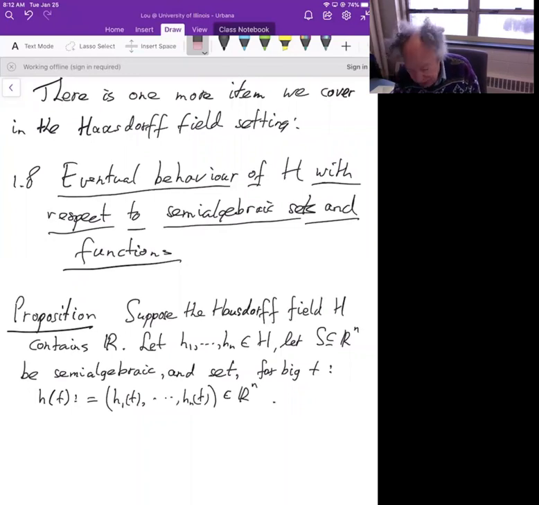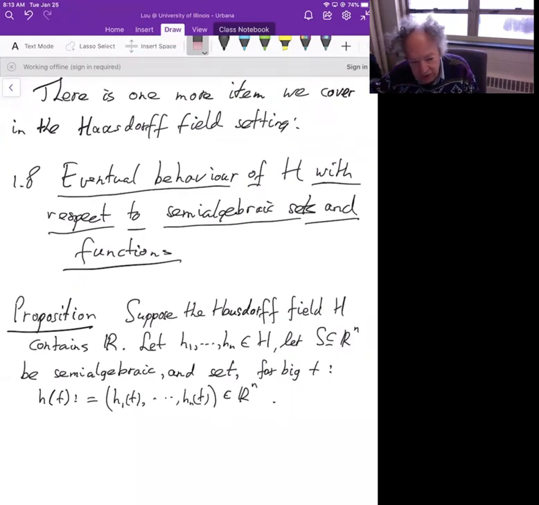Basically, what having a real closure means is that you can substitute in a semi-algebraic function any germs of a Hausdorff field, and you then get a germ which lies in the real closure of that Hausdorff field. But it's more precise than that.